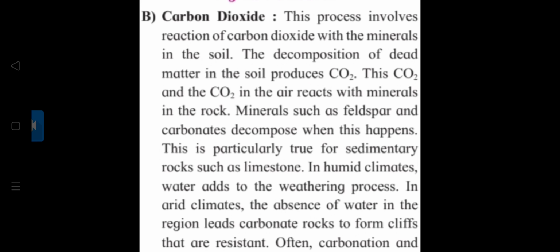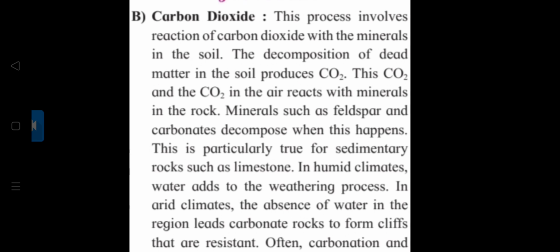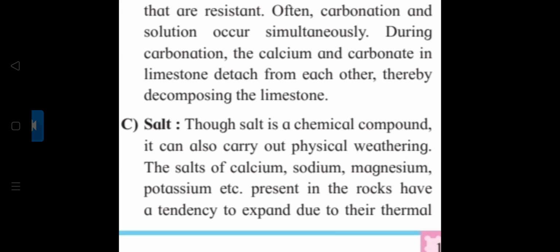In humid climates, water adds to the weathering process. In arid climates, what happens basically? In arid climates, the absence of water in the region leads carbonate rocks to form cliffs. What are arid climates?